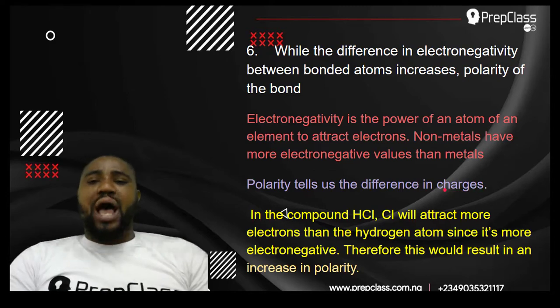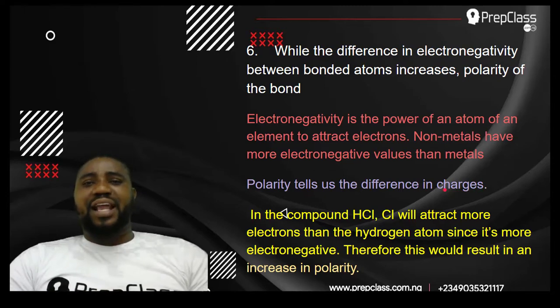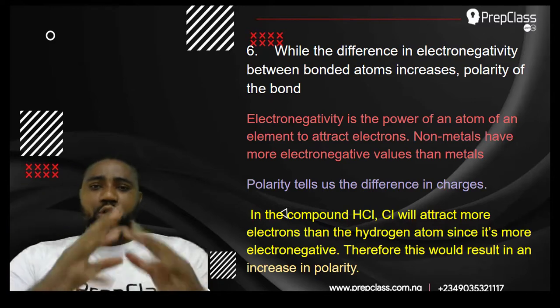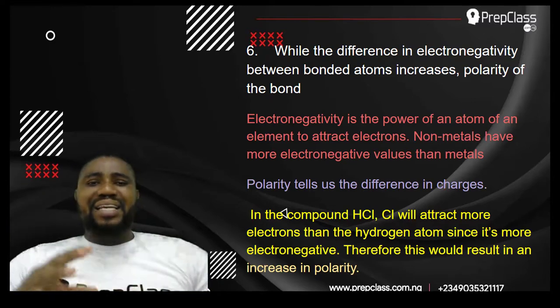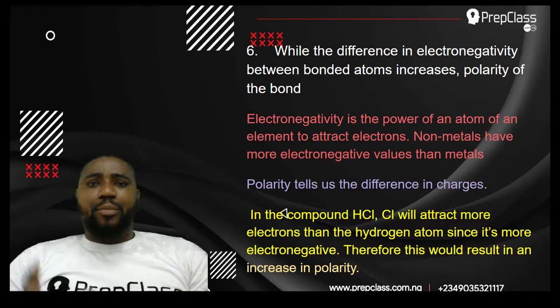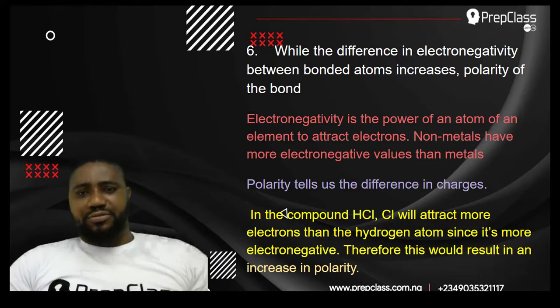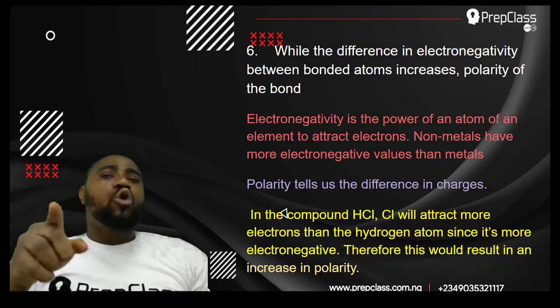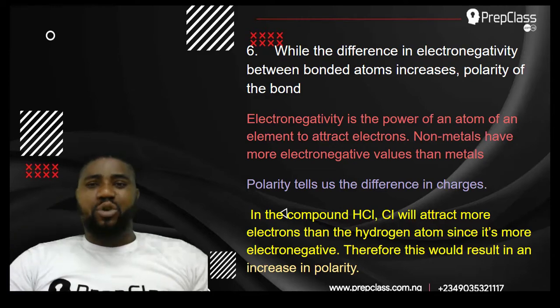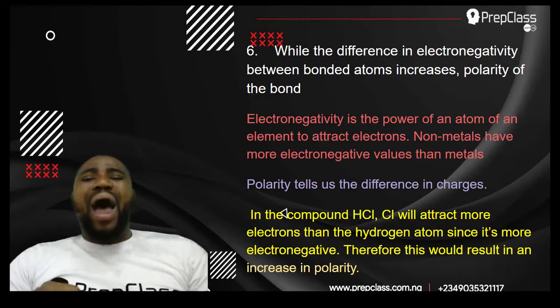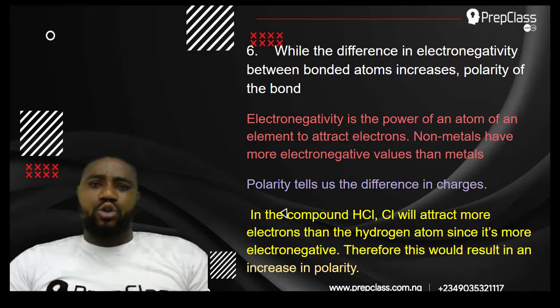When you have two atoms of two different elements, let's say sodium and chlorine, to form sodium chloride, there is a large difference in polarity. Why? Because sodium is highly electropositive and chlorine is highly electronegative. And also, there is a large difference in electronegativity, because sodium has very low electronegative value, while chlorine has a higher electronegative value.